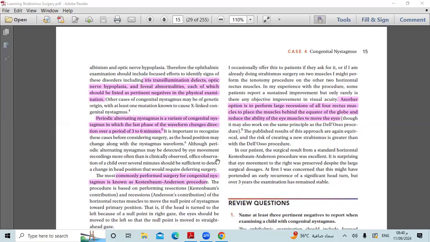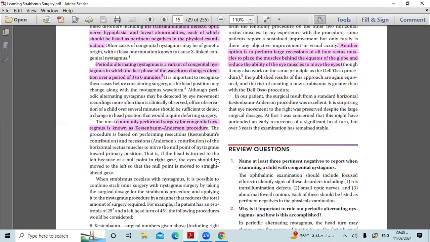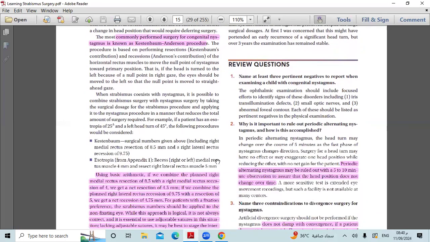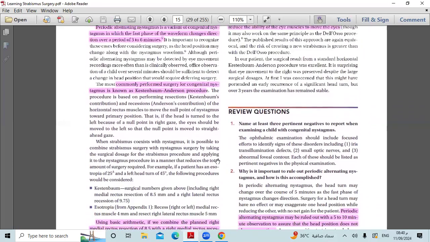So I don't like these types of surgery. Okay. So there will be retraction and very narrowing of the palpebral fissure. So there are some complications after it.